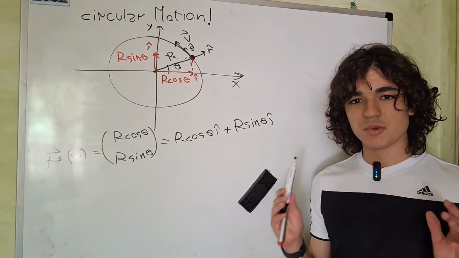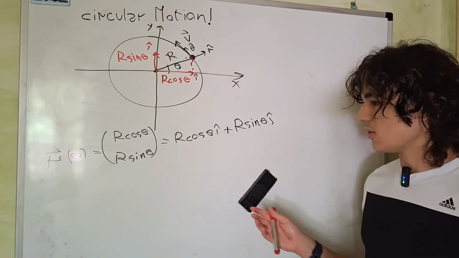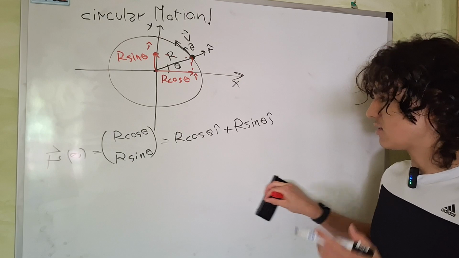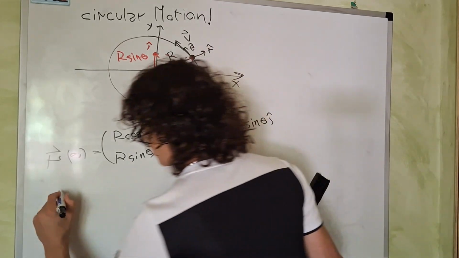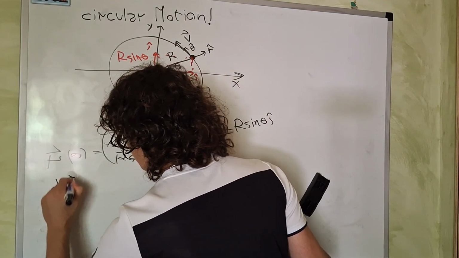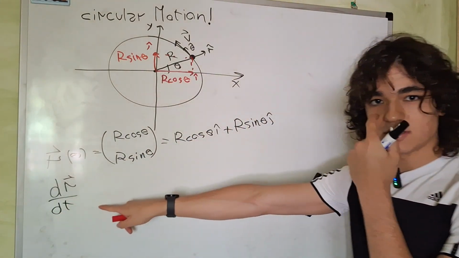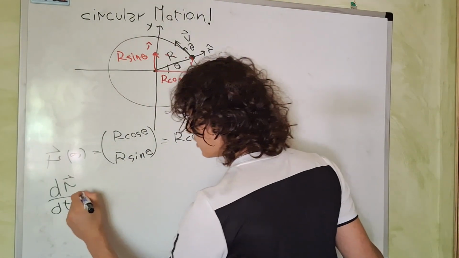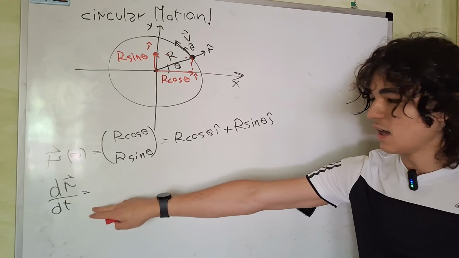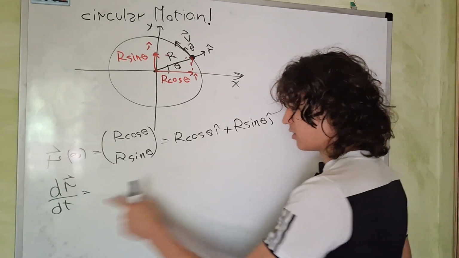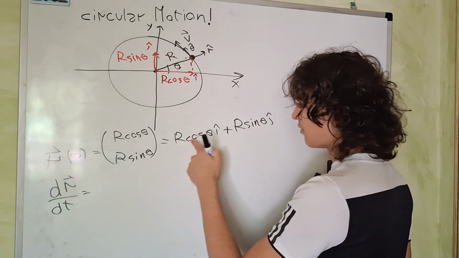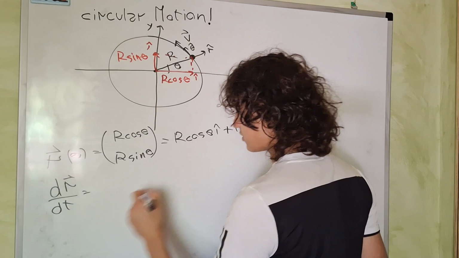We want to find what the velocity is, so let's differentiate this vector. So we have dr by dt, because we're differentiating with respect to time. We want to know how r changes as time goes on. So just differentiate this. We have r cosine theta, r is just a constant.